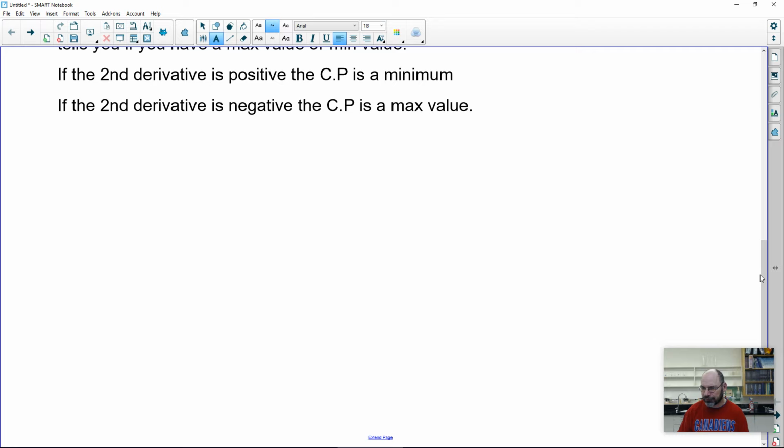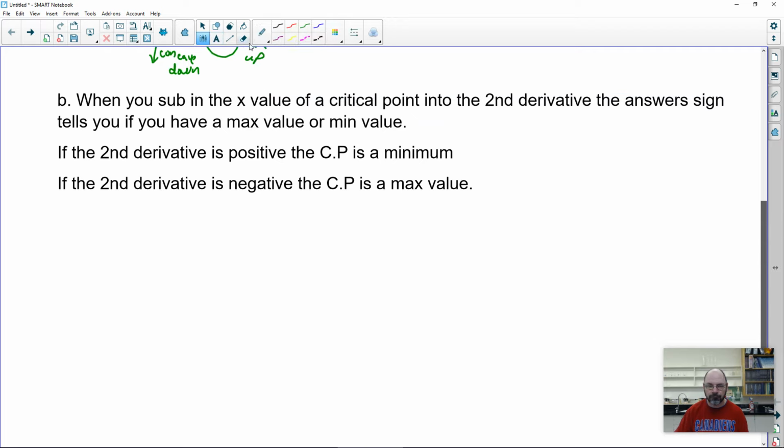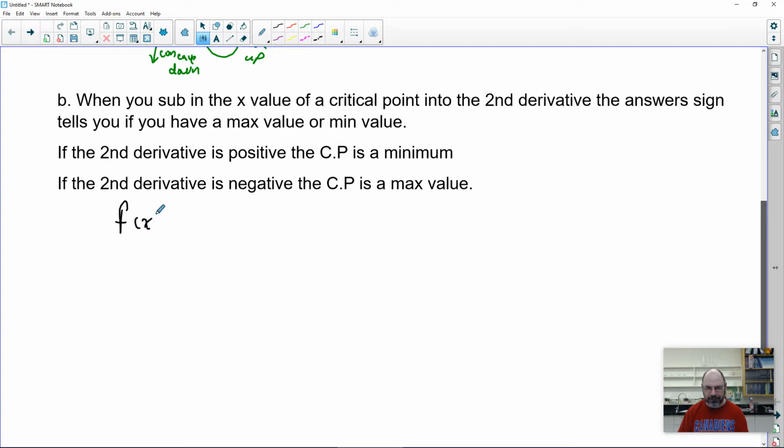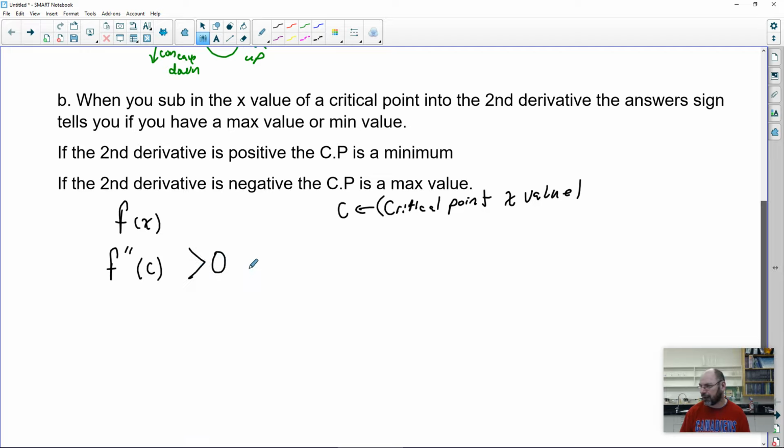If we had a function f of x, and we took the second derivative, so we use 2 primes to represent the second derivative, and if we plugged in a value, let's say c for critical point, where c is a critical point x value, and if that was greater than 0, if that was positive, we would have a min value.